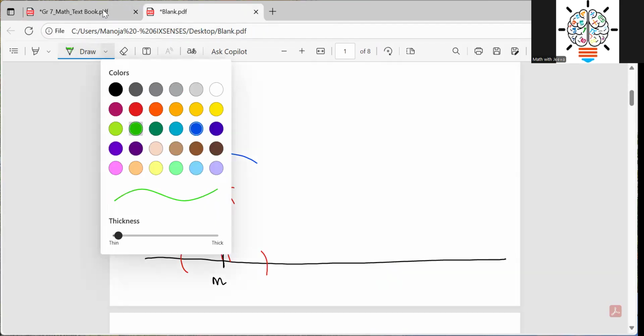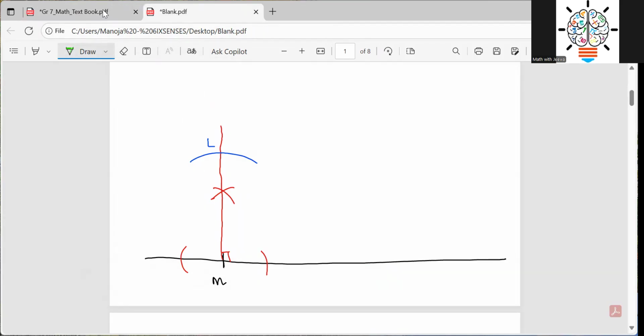Similar to the earlier one, this is the point, and I keep the protractor like this, right? And then I mark 50, right? Again I do the measurement on this side, and then I remove the protractor.